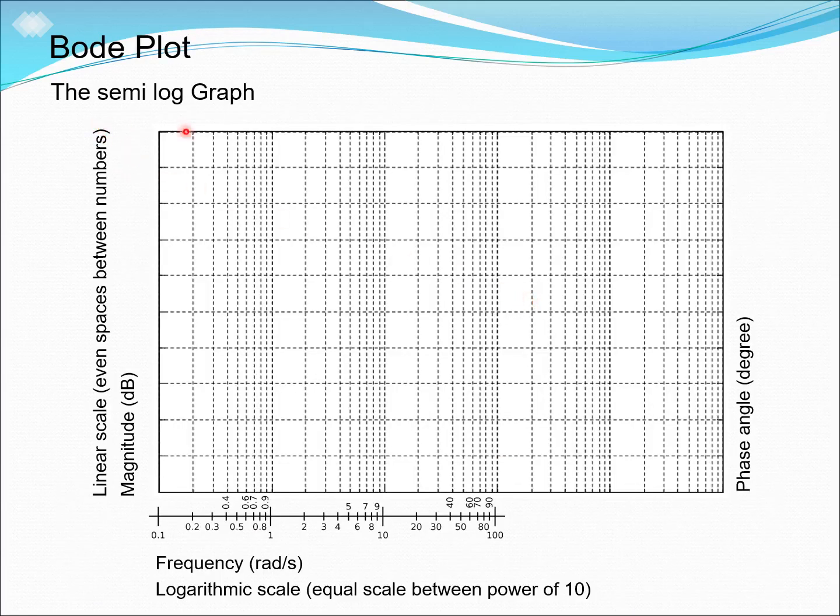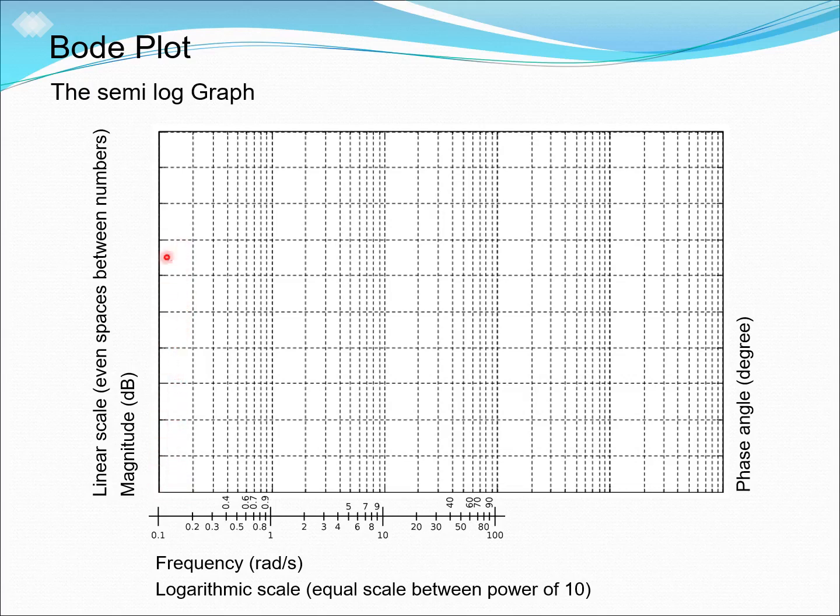So this is what the semi-log graph paper looks like. I guess everybody has seen this before and has applied it in your previous study, but let us review the semi-log graph. Okay, so it consists of the y and x-axis. We can see that the y-axis is a linear scale. It is evenly divided, with even spaces between numbers.